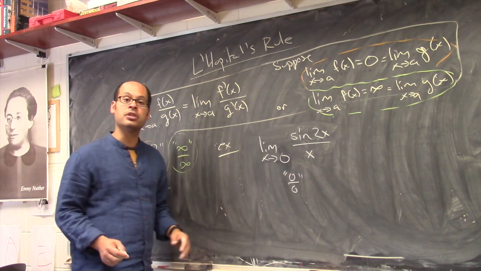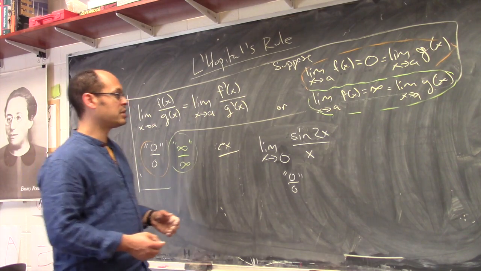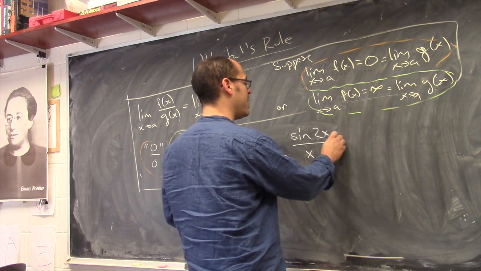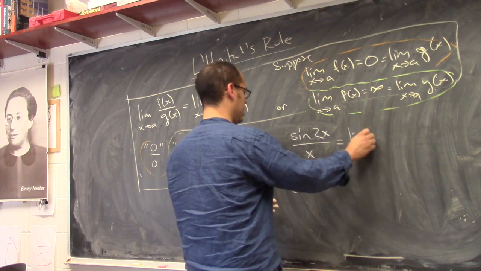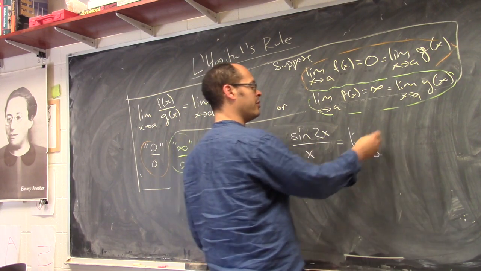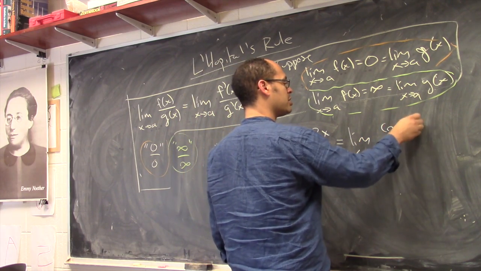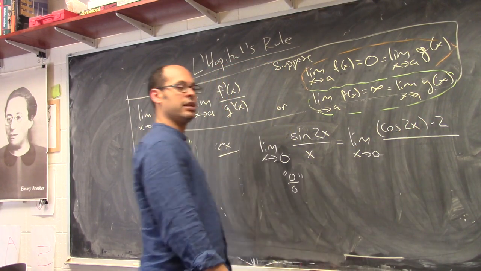Because we have such an indeterminate form, L'Hopital's rule applies, and we know that we're going to get the same answer by taking the same limit, but by replacing the top with its derivative. So the derivative of sine gives me a cosine of 2x, and then I have to use the chain rule, multiply by the derivative of the inside.